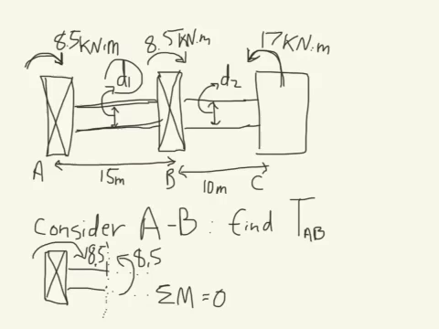Alright, but let's look at our units. Kilonewtons times meters. I'm going to suggest we convert that to newtons times millimeters. And here's why. Look at this question. It gives us an allowable shear stress of 80 megapascal.